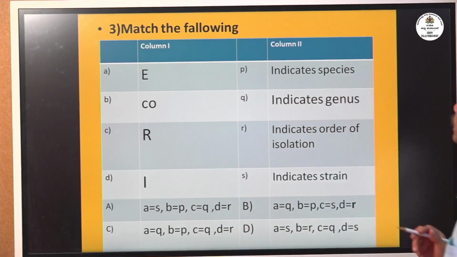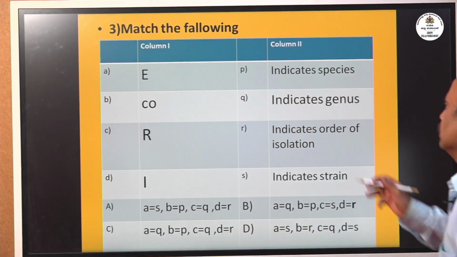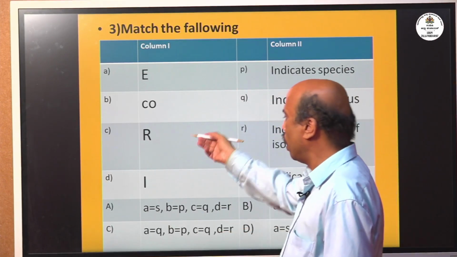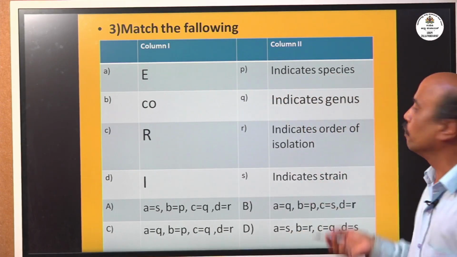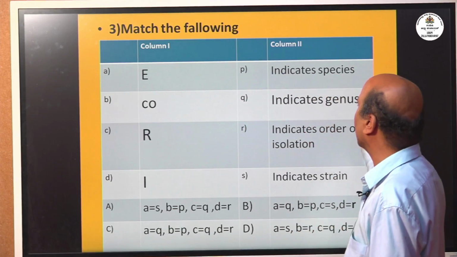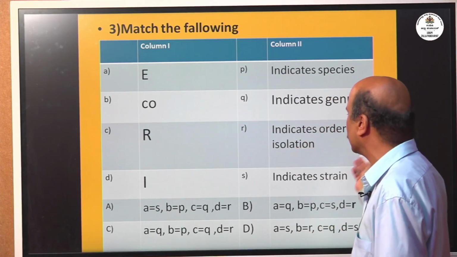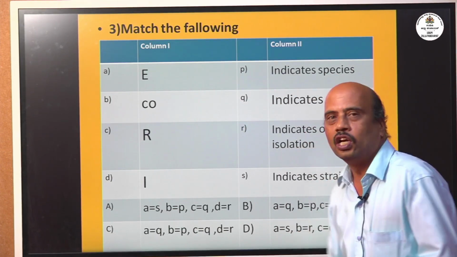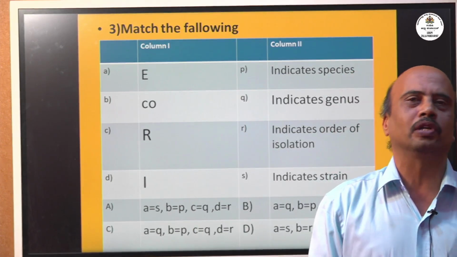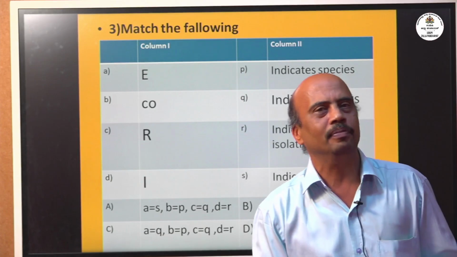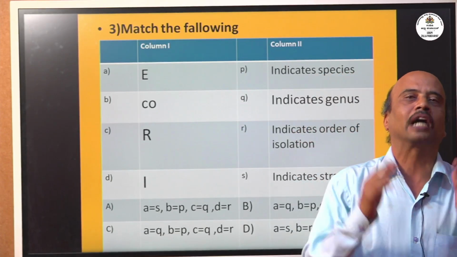Match the following. We have EcoRI in column 1, and in column 2 we have: indicates species, indicates genus, indicates order of isolation, and indicates strain. Each restriction endonuclease isolated from bacteria is named according to a convention.